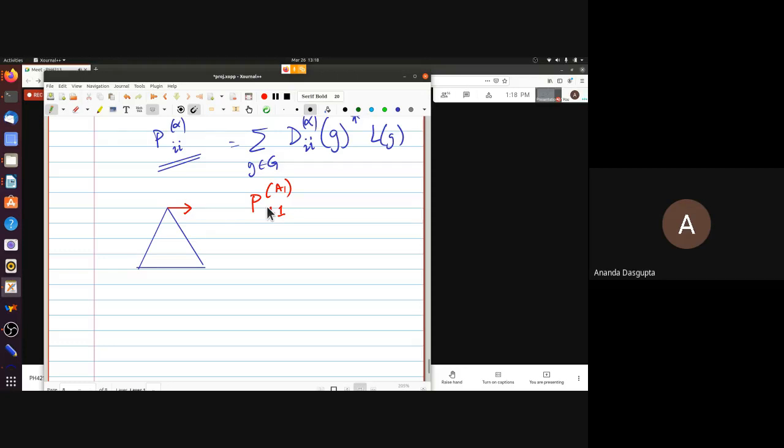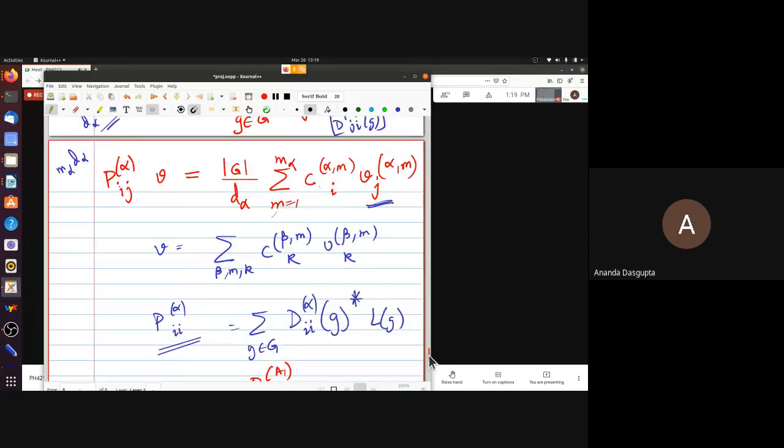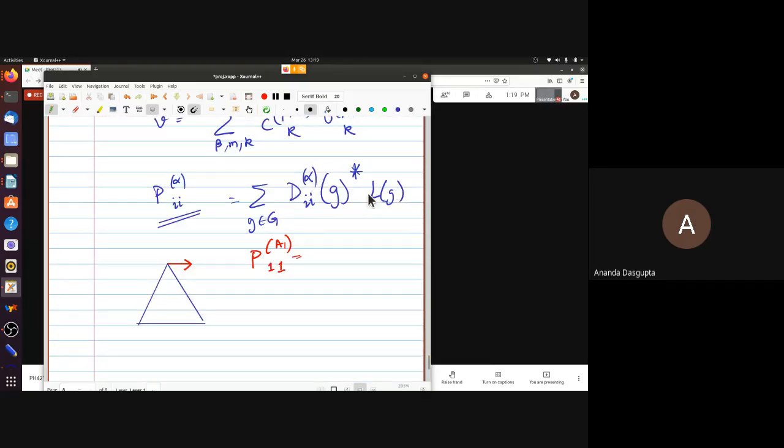Which, according to this formula, is going to sum over every group element, the L_g's, after weighting them by these coefficients. What are the coefficients in this case, if A1 is our first irrep? These are the matrix elements that you require, right? What are the matrix elements for the irrep?